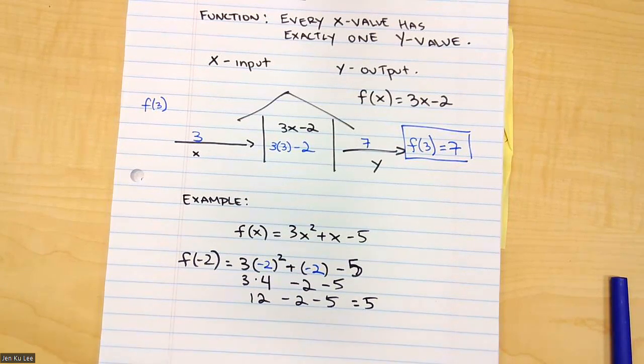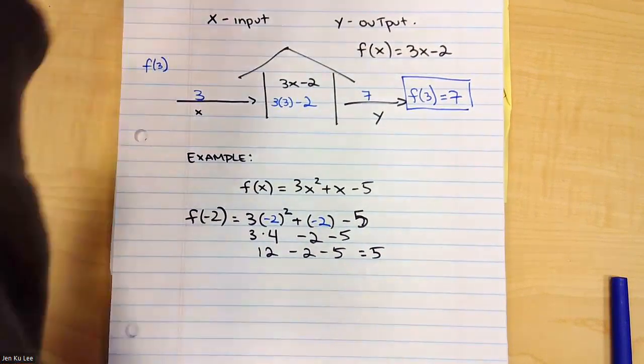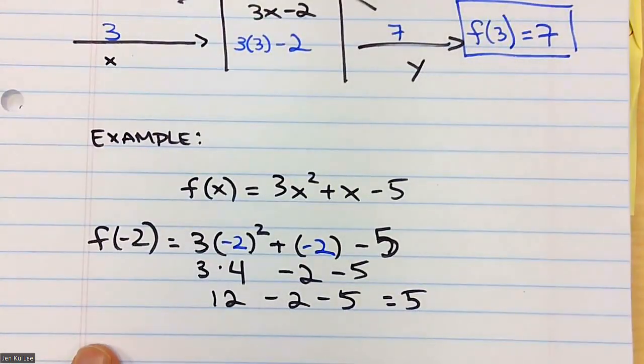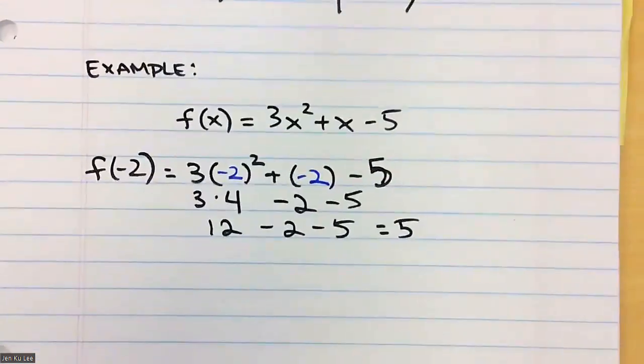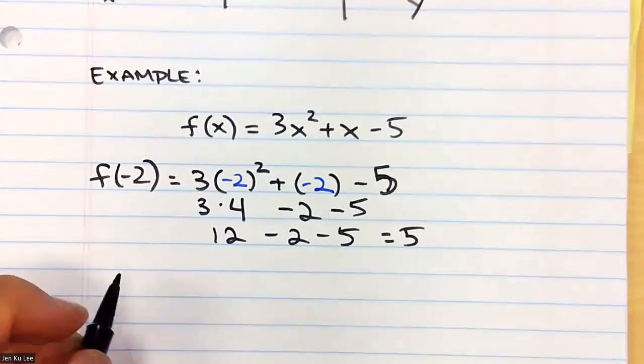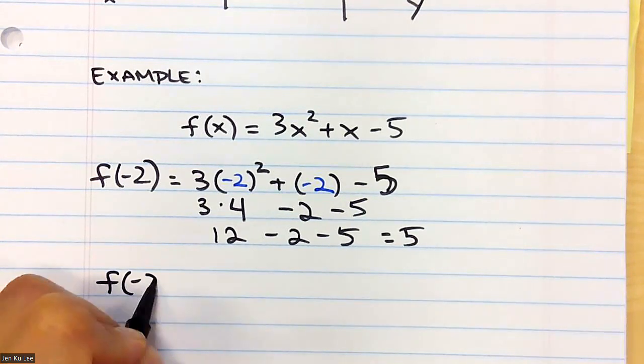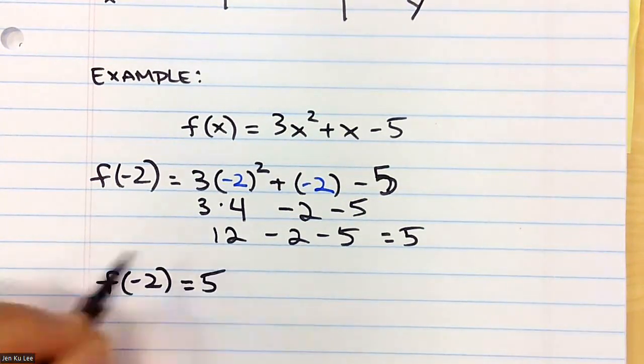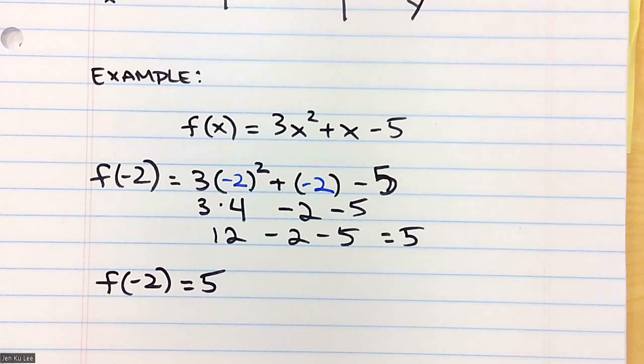So there are multiple ways of representing this. Okay? The first way we can represent this is what we did up here with the visualization. F of negative 2 equals 5, right?